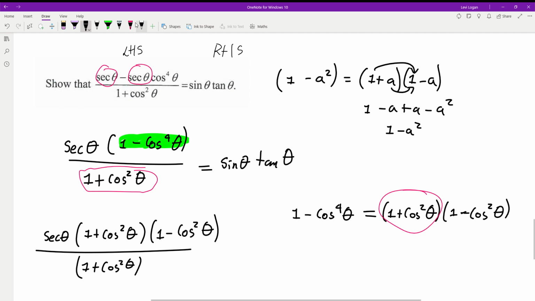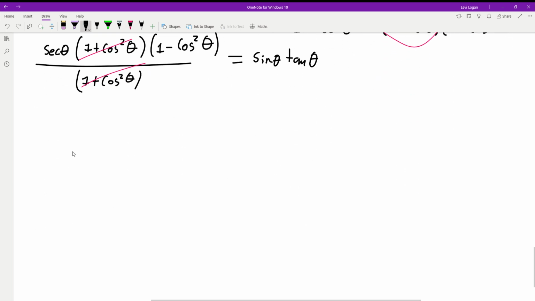And we can see straight away we can cancel that out. So this is still equal to sine theta tan theta. And now we just scroll down. What we have is sec theta multiplied by 1 minus cos squared theta is equal to sine theta tan theta.